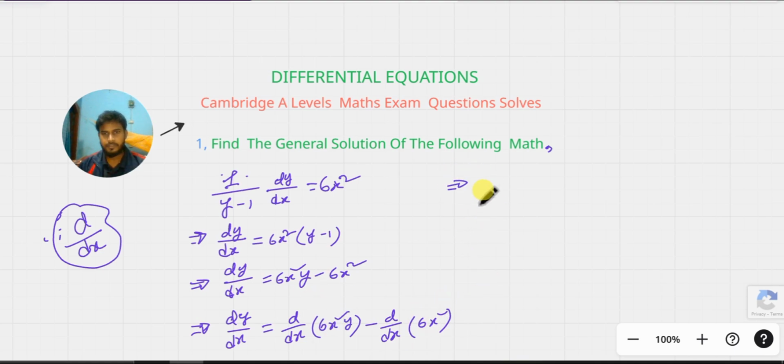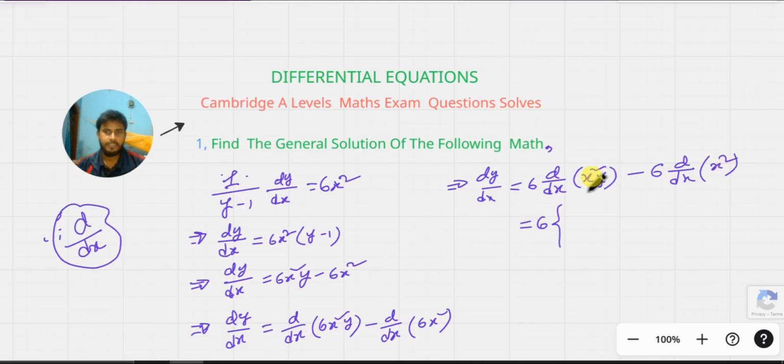We will get the output: dy/dx equal to, the 6 will come outside and the operator will act on this portion x²y, minus, and here the 6 will come outside again, d/dx of the x² function. There are two variables, one is x and another is y.